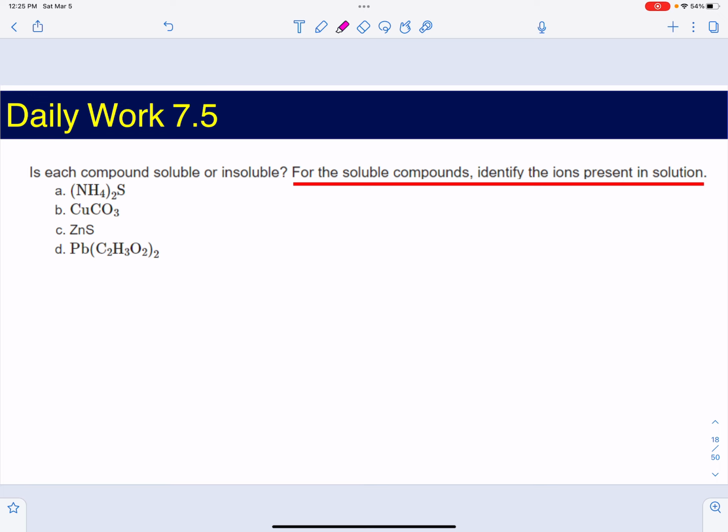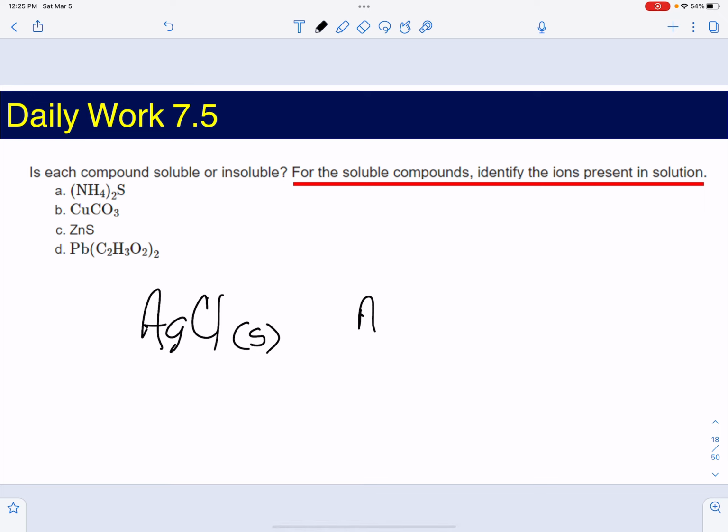So for example, if it was silver chloride, the table will tell me that this will be insoluble, so it's going to be a solid. Do not confuse the S with soluble. This is the S for solid. Insoluble means that it's going to be a solid. And the ions are for the soluble compounds, so you don't have to do the ions for this one because it's solid.